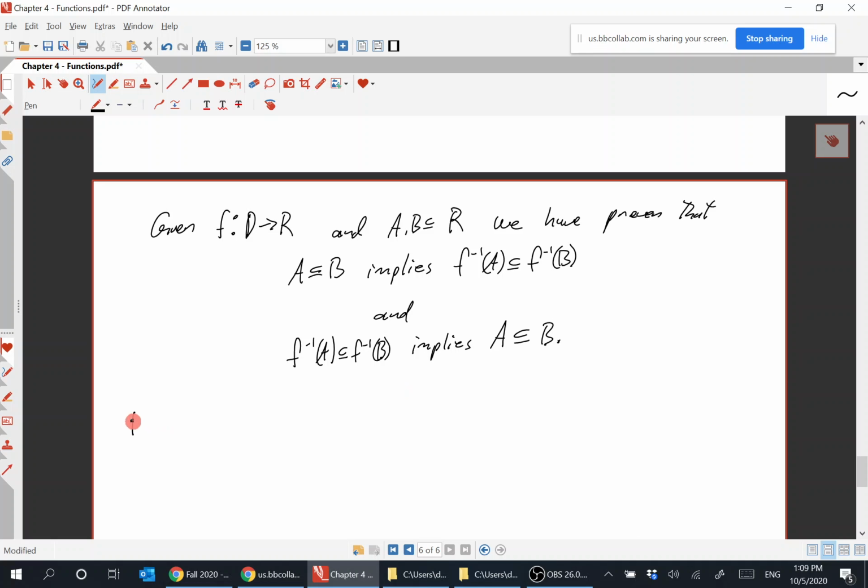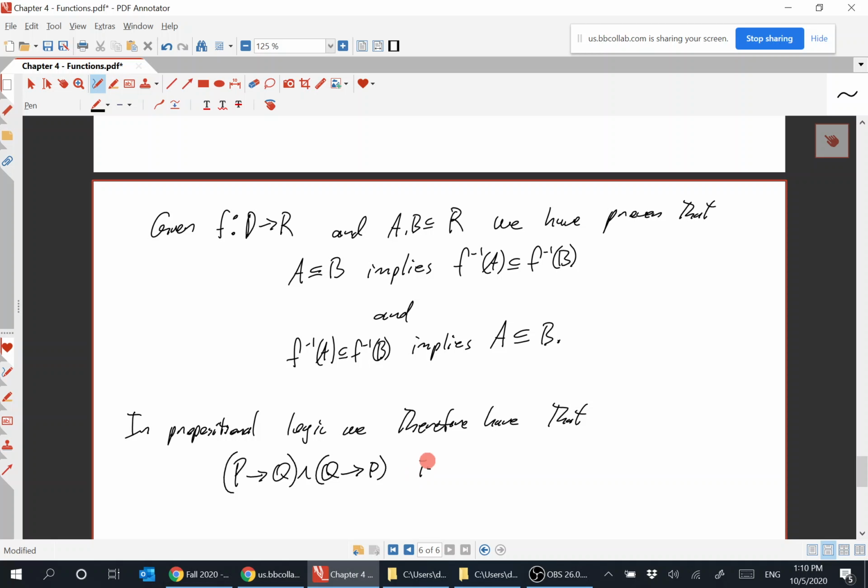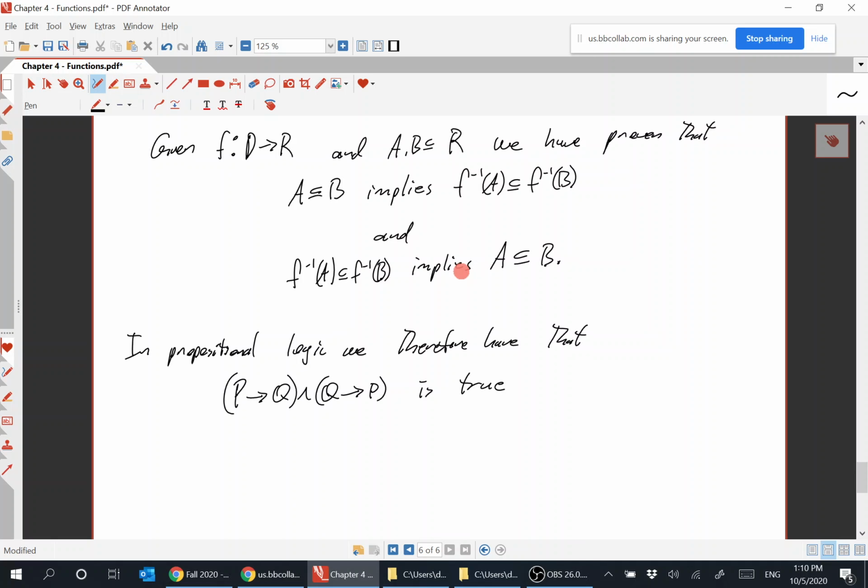So in propositional logic, we therefore have that P implies Q and Q implies P is true, where P is the proposition A subset of B, and Q is the proposition preimage of A is a subset of preimage of B. So an implication and its converse are both true.